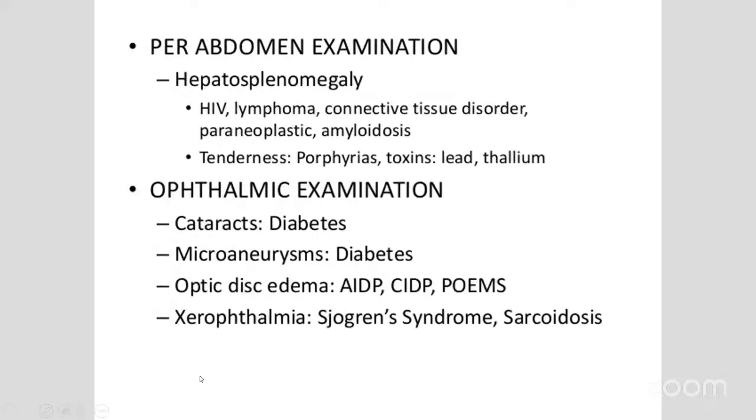For abdomen examination, look for hepatosplenomegaly, and abdominal tenderness may be seen in porphyrias and toxins such as lead and thallium. Ophthalmic examination should be done for cataracts, diabetic microaneurysms, optic disc edema, especially in AIDP, CIDP, POEMS, xerophthalmia in case of Sjogren syndrome and sarcoidosis, and ocular telangiectasias in case of ataxia telangiectasia and ataxia telangiectasia-like disorders.